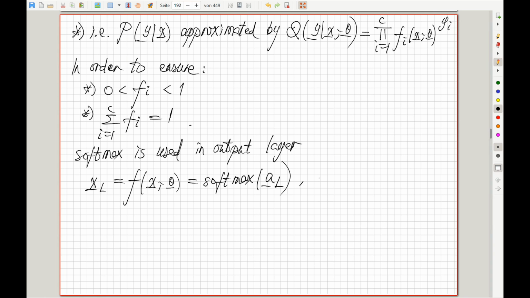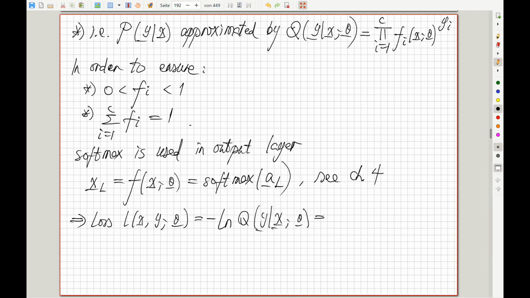And I introduced the softmax in the previous chapter roughly 30 minutes ago. And now I'm going to calculate the final loss. The loss value L for any input-output pair is once again defined to be minus log likelihood Q, y conditioned on x and theta. Now you put the formula into this.